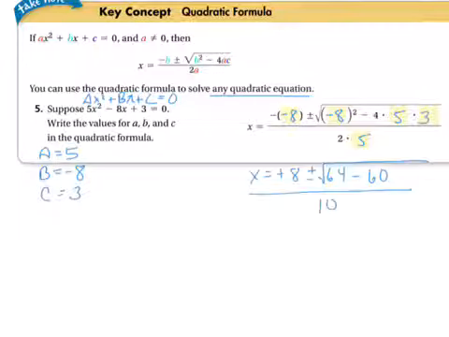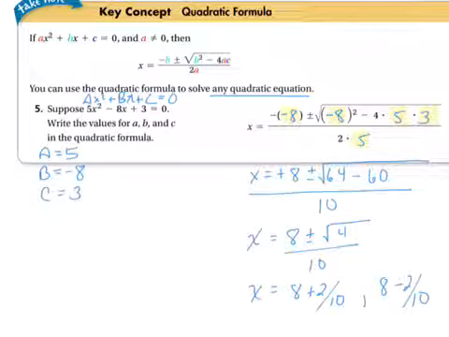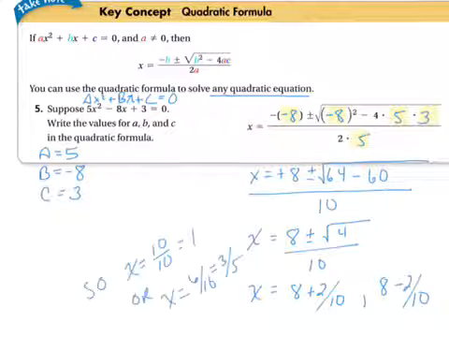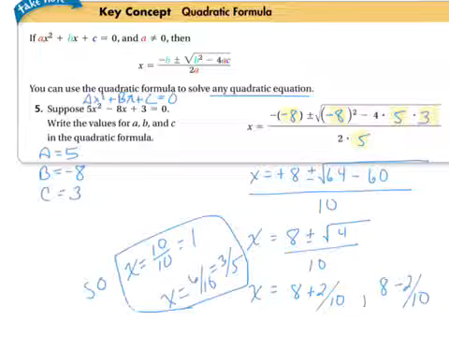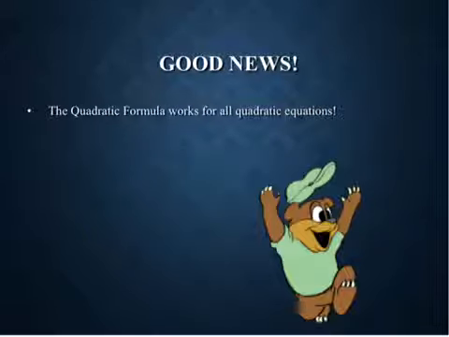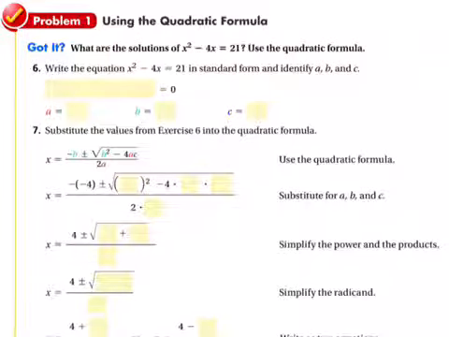You simplify and solve the equation and obtain your roots. Again, these are where your graph will cross the x-axis. So for those of you who don't like to factor, this is good news because the quadratic formula works for all quadratic equations.